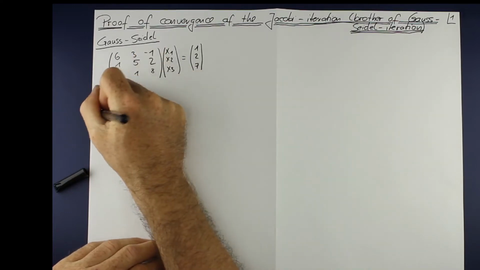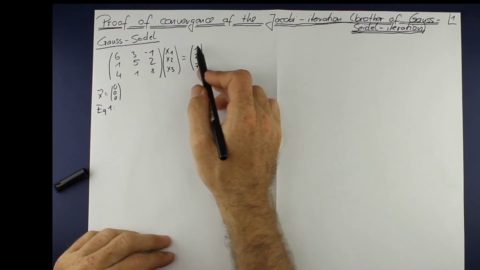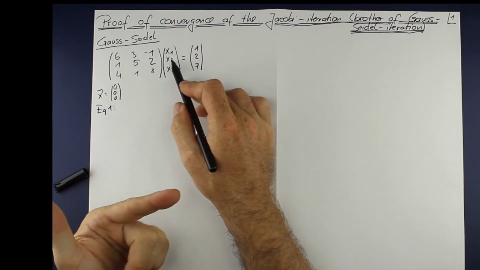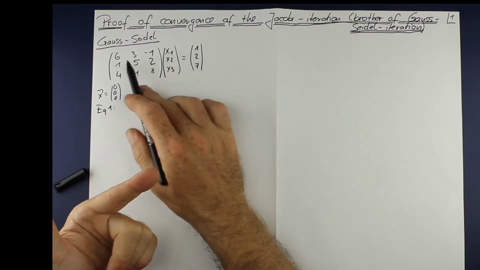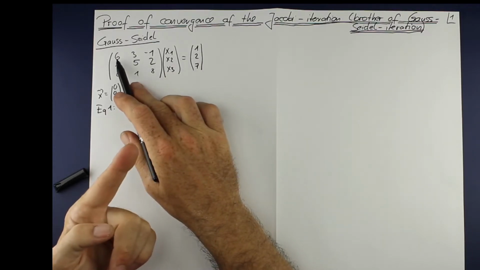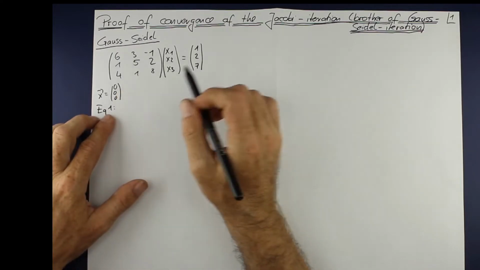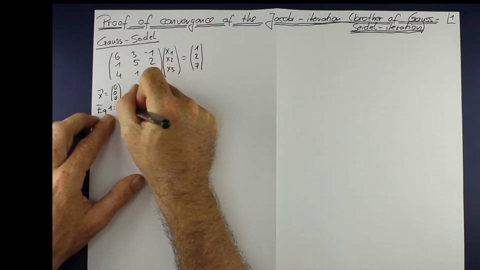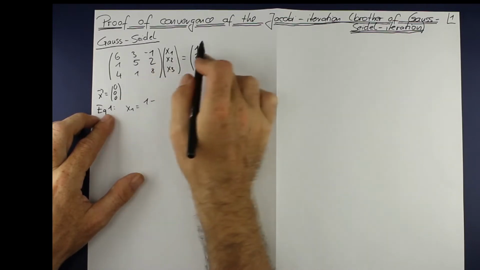Then we go into equation 1, that means line 1, and we assume x2 and x3 are already correct, so in this case 0, 0. And then out of line 1 we can get x1 like we do when doing back substitution. We take the right hand side, and then we bring everything to the other side.